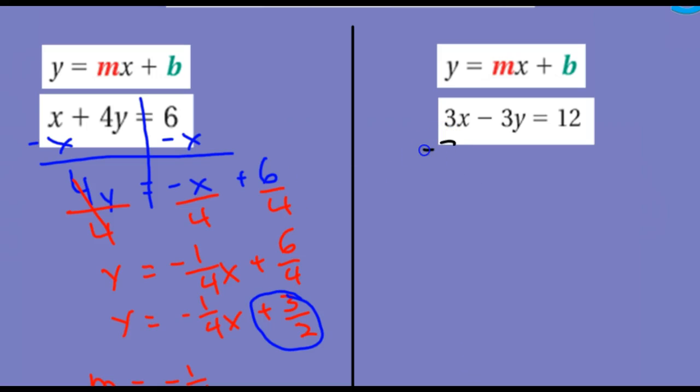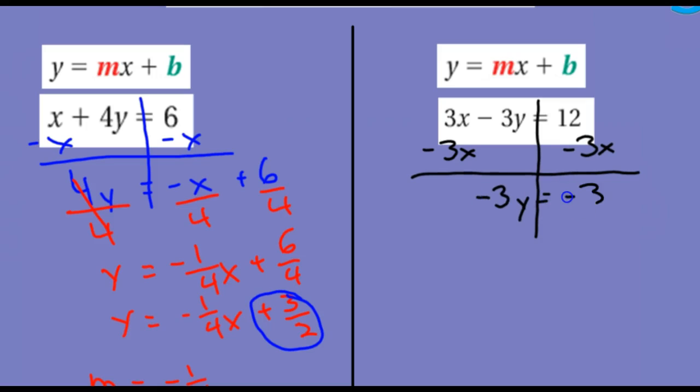Next problem, we're going to move the 3x over to the other side. So we get negative 3y equals negative 3x plus 12. We divide everything by negative 3.